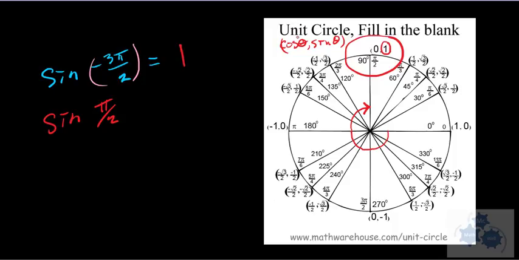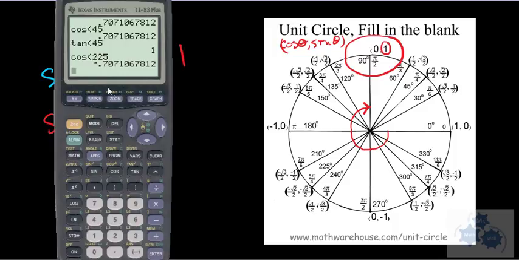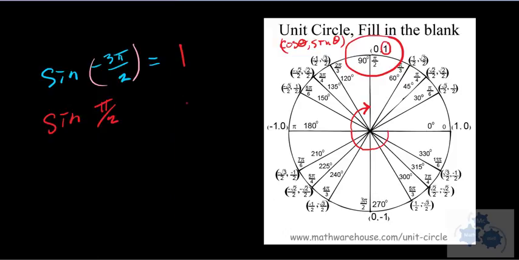Did anyone put 1? Let's test that out in our calculator. Sine of negative 270 in degrees, right? 1. Okay, unit circle. Unit circle is our friend. 1.